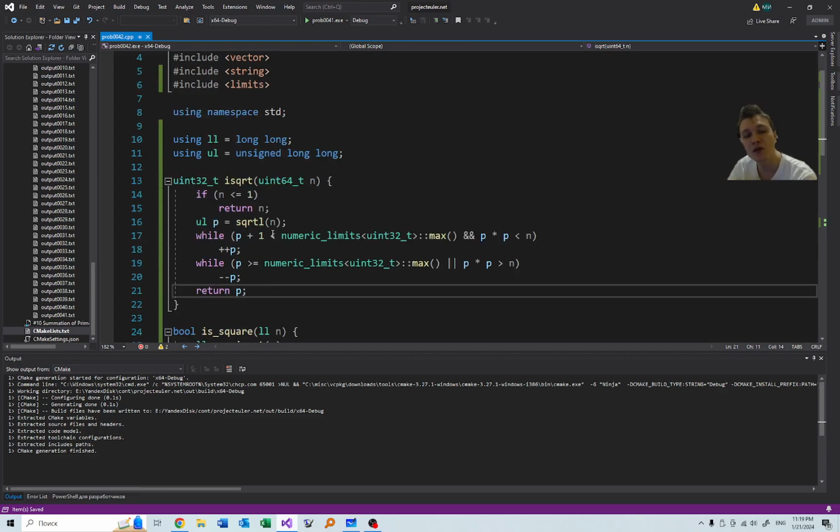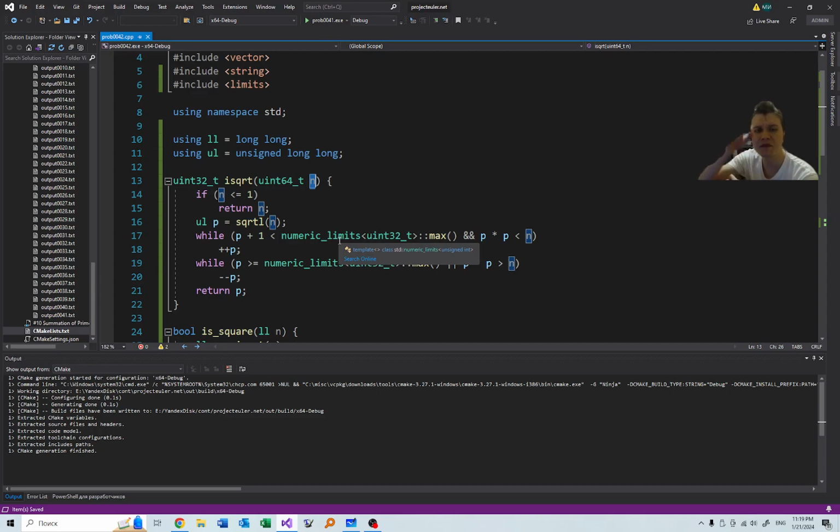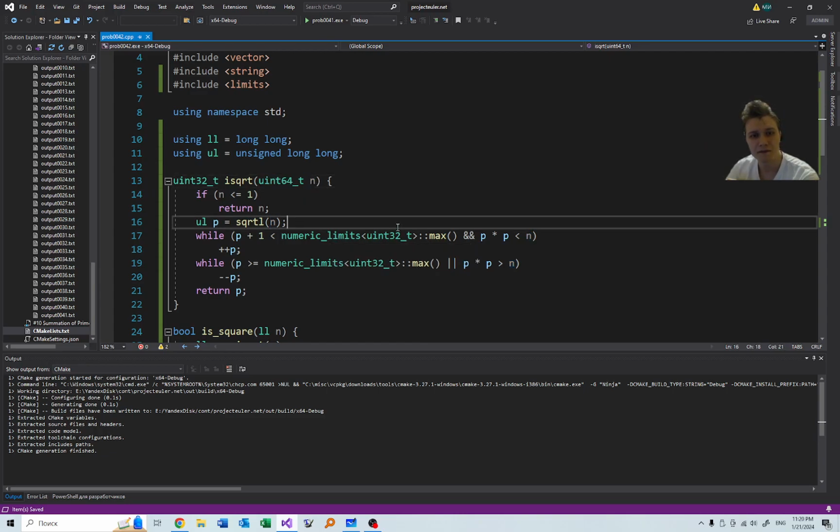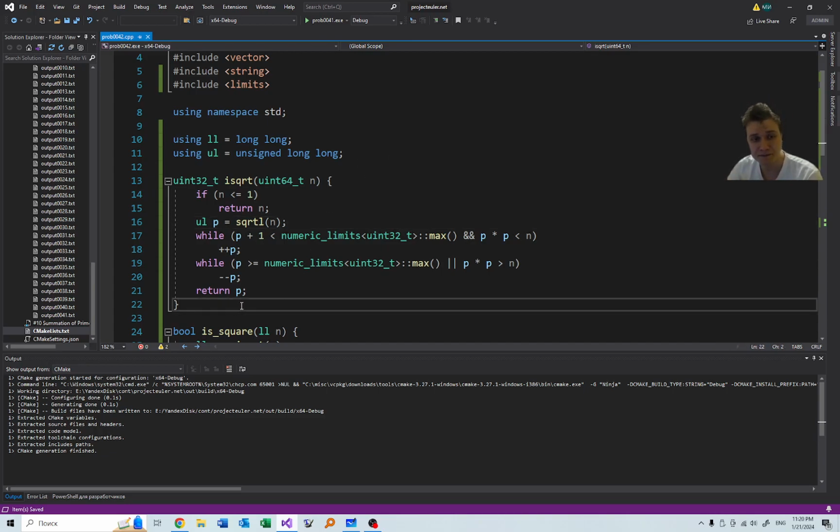So it can be slow if n is really huge. So it works in something like the maximum of int64 divided by the error of the long double type. But we think that it will work fine.